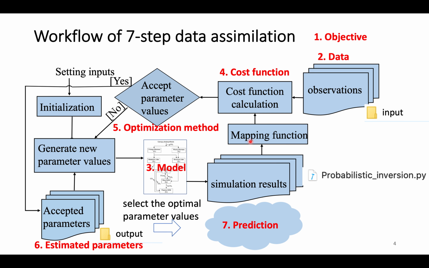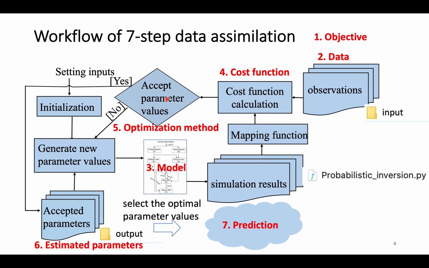A mapping function is to build a one-to-one match between observations and simulation results. The cost function will calculate the mismatch between observed and simulated data. Based on the mismatch, the optimization algorithm will decide to accept the parameters or not.